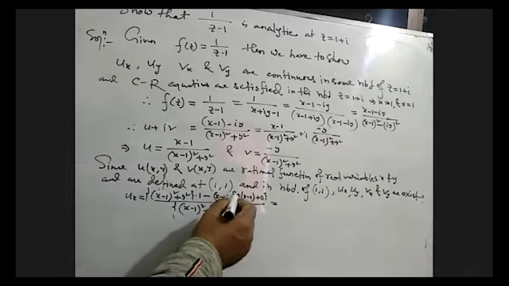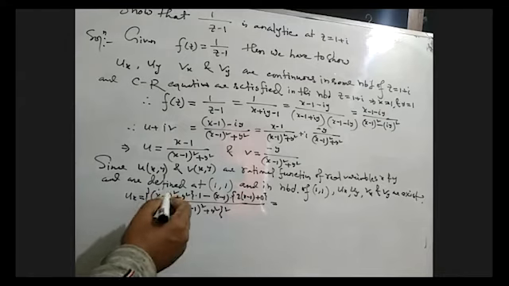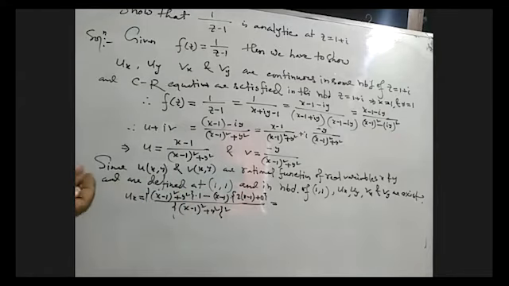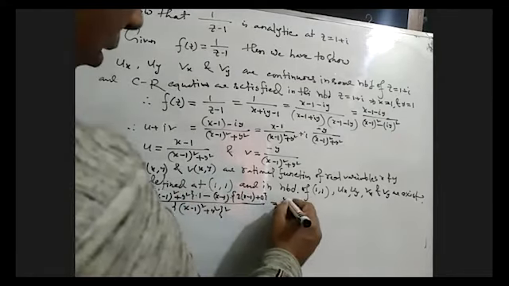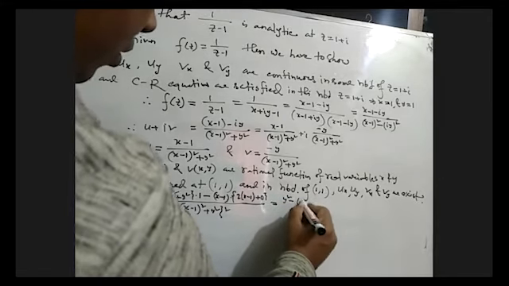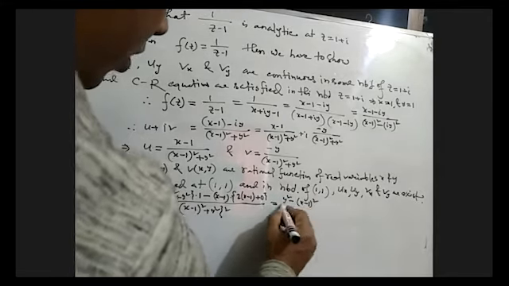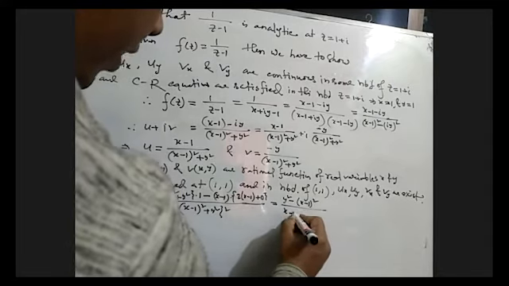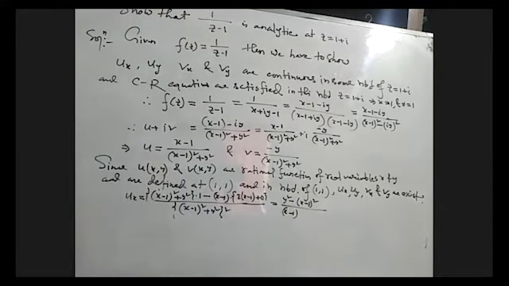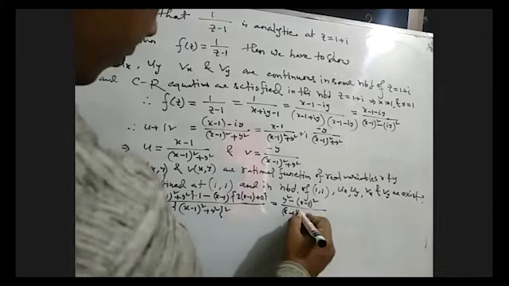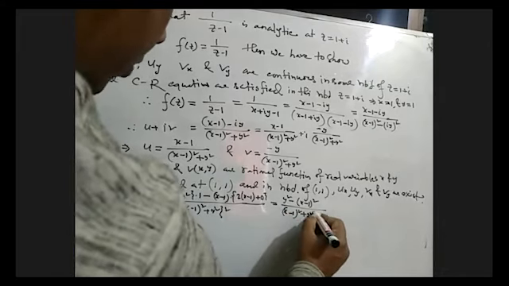Minus 2 into x minus 1 whole square, x plus x minus 1 whole square. So 1 will be removed. Then we get y square minus x minus 1 whole square divided by x minus 1 whole square plus y square, whole square.